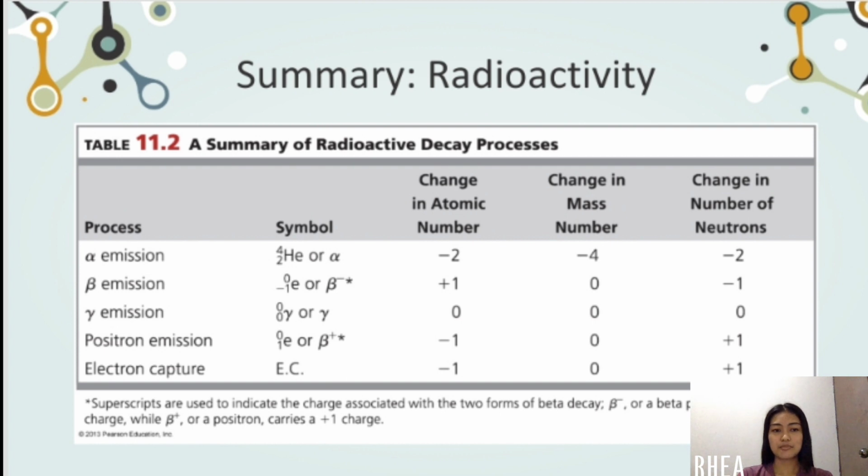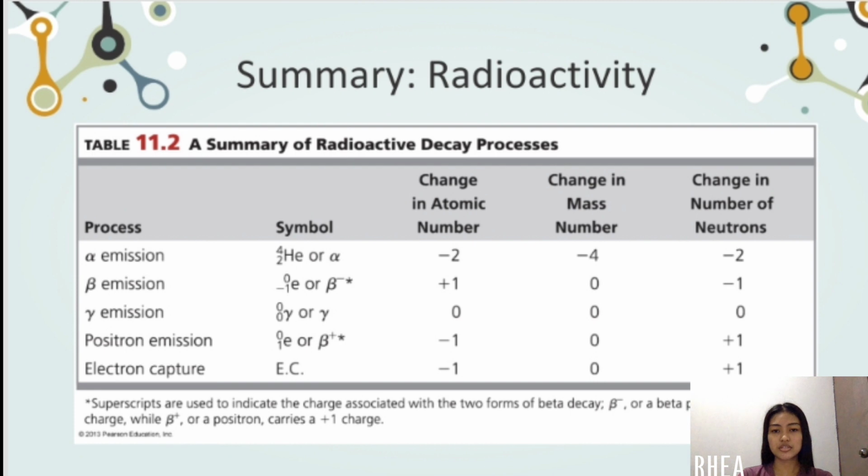In beta particle emission, the change in atomic number is +1, the change in number of neutrons is -1, and there is no change in the mass number. In gamma ray emission, there is no change in the atomic number, mass number, and number of neutrons.